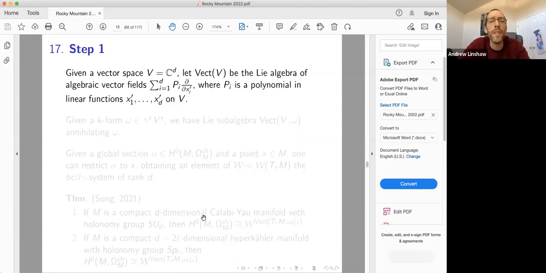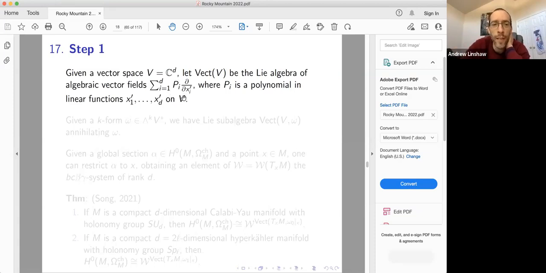The next statement is that the H0 is invariant under a certain infinite dimensional Lie algebra in the fiber. Let me try to explain what this looks like. For any vector space V, I can talk about the Lie algebra of algebraic vector fields on V. These are things like the sum of P_i d/dx_i, where P_i is some polynomial in the linear functions on V. If I choose a basis, then the algebraic vector fields look like this.